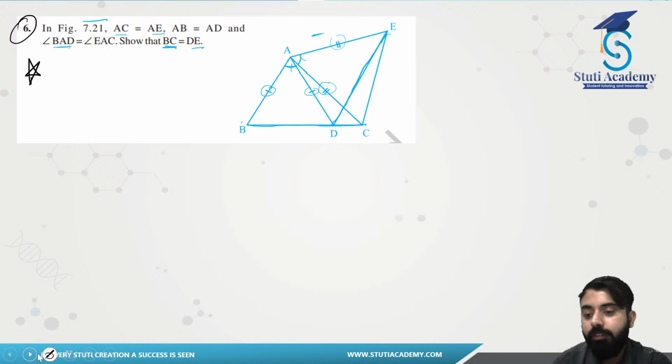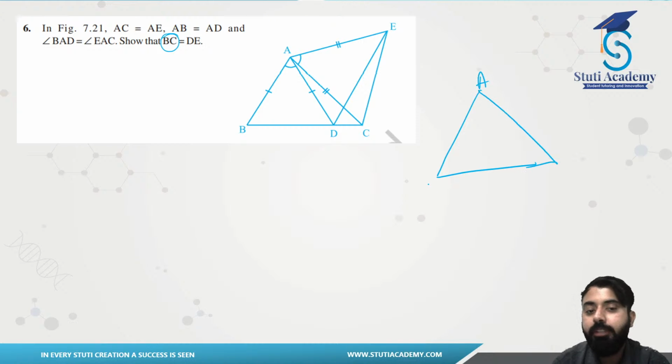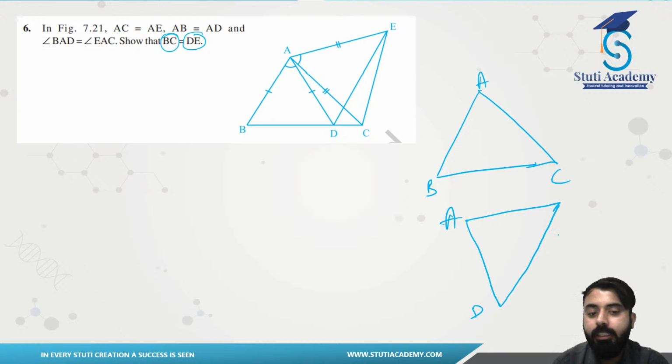Now for this, if you focus on these two triangles, in order to have my BC, I need this entire triangle ABC, only then can I have BC. And in order to have DE, I need this triangle, which is ADE, right? So we need these two triangles.